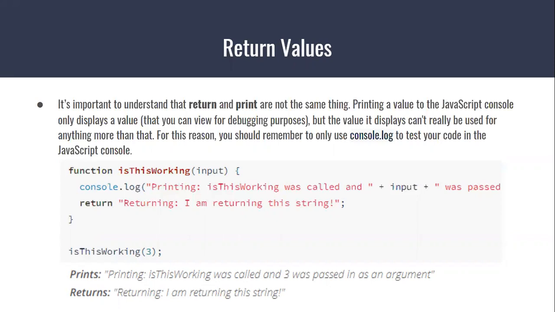Now, it doesn't always have to return something. It could do a side effect. It could trigger something in the back-end server. It could trigger some kind of state change. It doesn't have to return it, but if you're using it in a way where you're expecting a result, console log is not going to help you out.